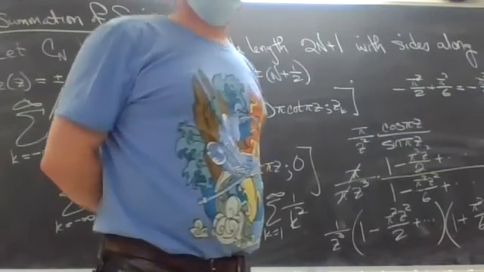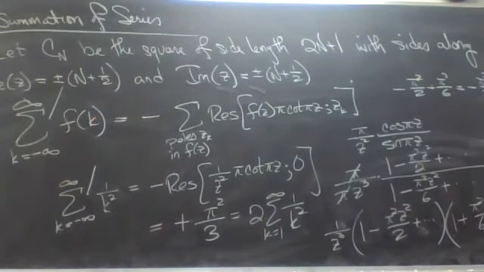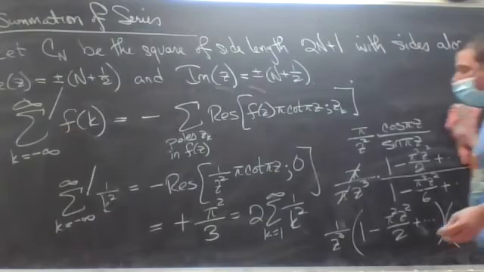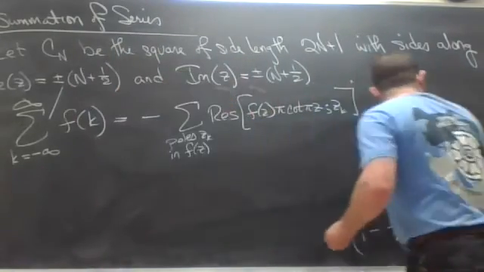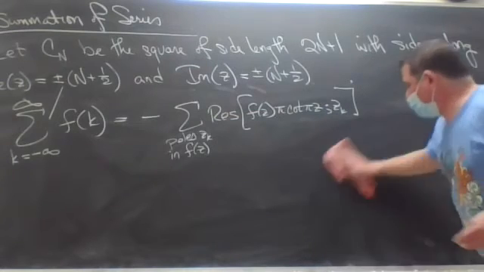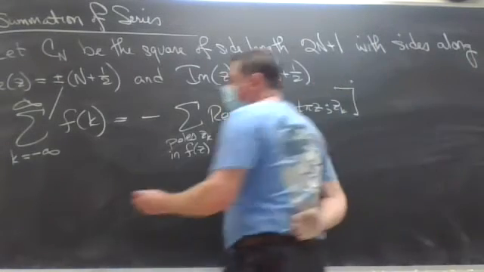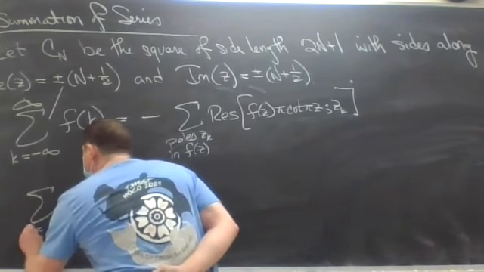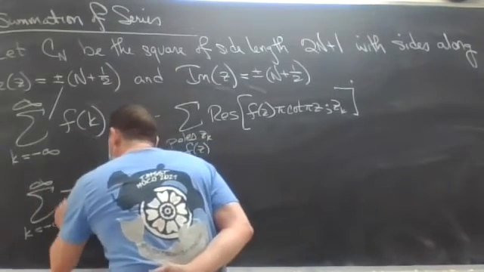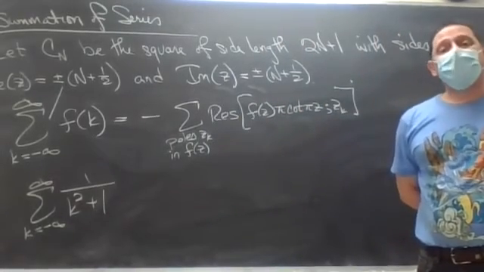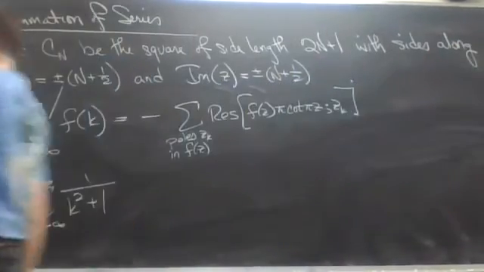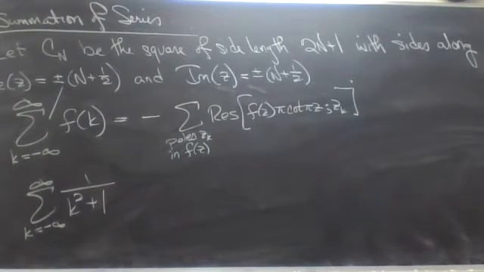All right? What is perhaps a more esoteric result is this sum. The sum from k equals negative infinity to infinity of 1 over k squared plus 1. Okay? This function has poles at plus or minus i, and they're both simple poles.